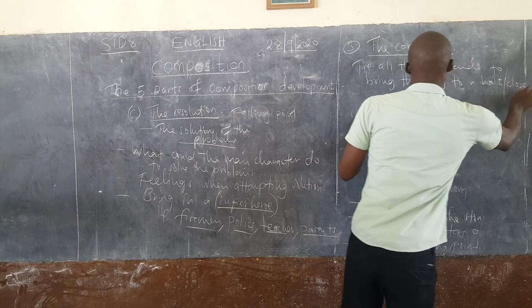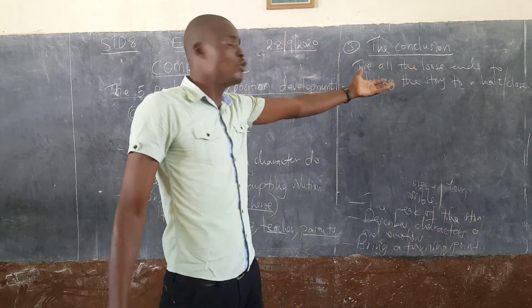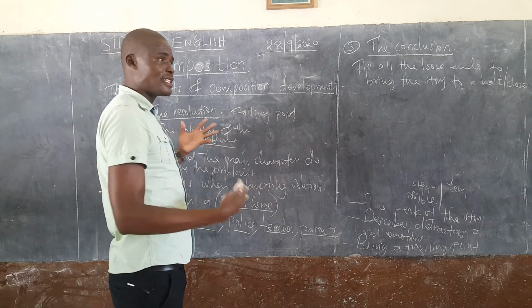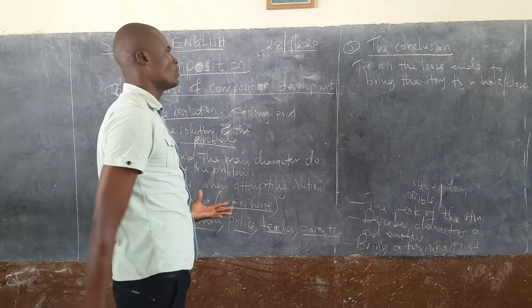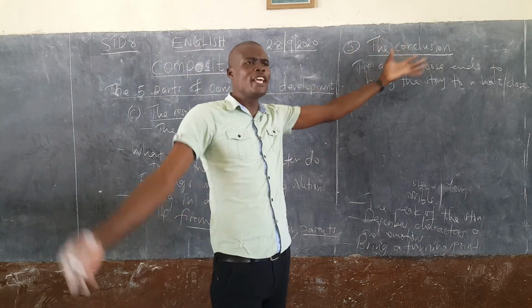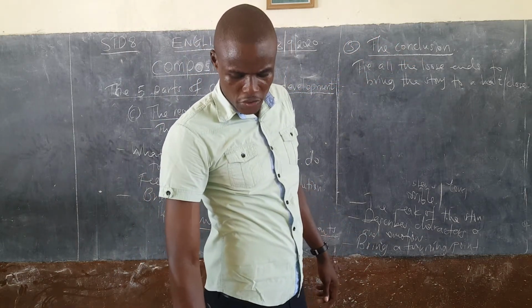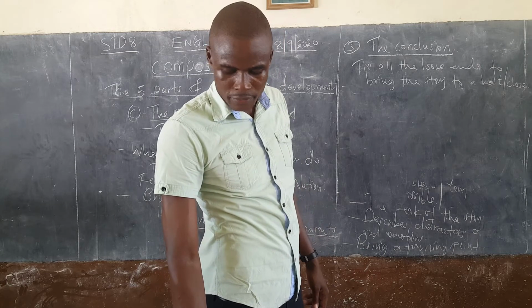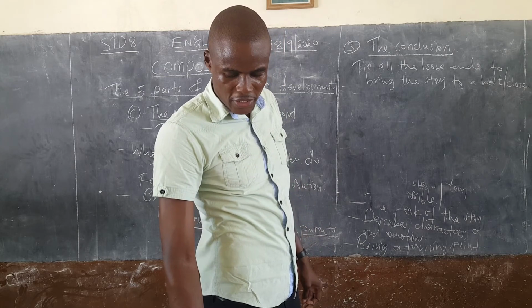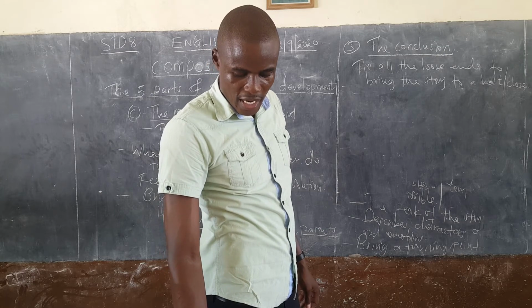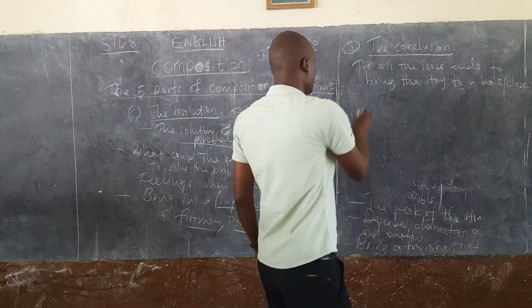What do you mean by the loose ends? All these parts were loose ends. Story ending, there's a problem, there's a solution. But how do you bring all those loose ends to the end of everything? It is vital that we give readers a satisfactory ending and not leave them hanging.